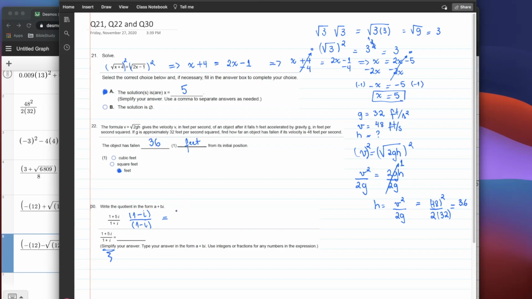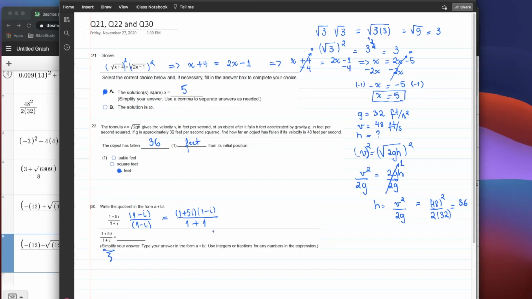And then here I will have 1 plus 5i that multiplies 1 minus i. In the denominator, you always have the square of the real part, the a. The square of the a, 1 times 1 is 1, plus the square of the b. What is the b in front of the imaginary? It is 1, right? And then 1 times 1 is 1.